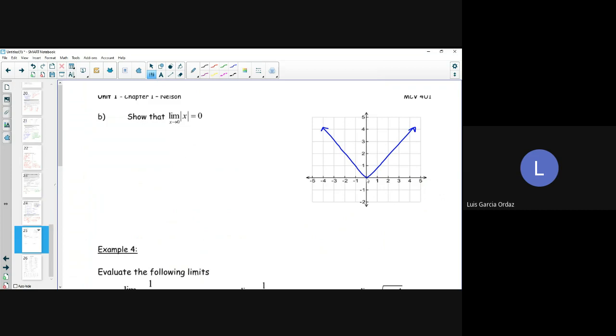Okay. As you can see, as it approaches from the right and from the left, it is going to hit 0. However, if I were to ask you to show it based off of limits, how can we write the absolute value of x in terms of a piecewise function? Let's see if someone can figure it out.